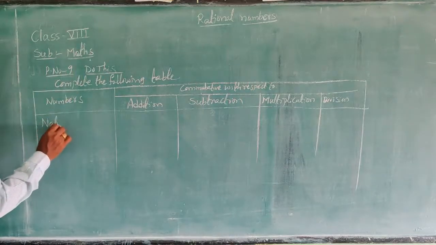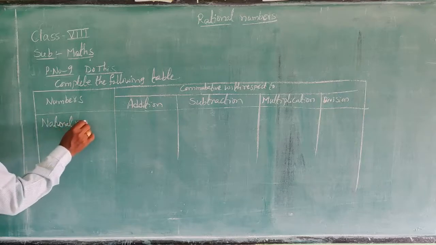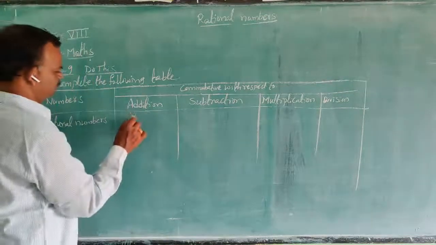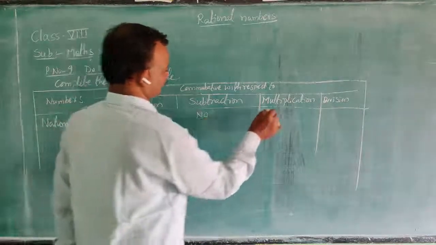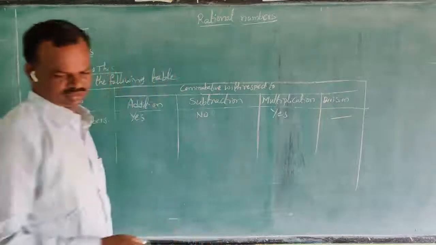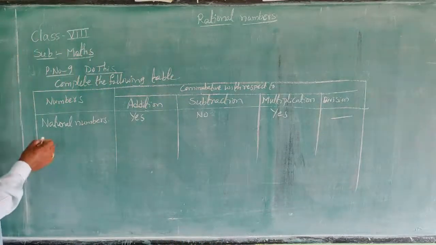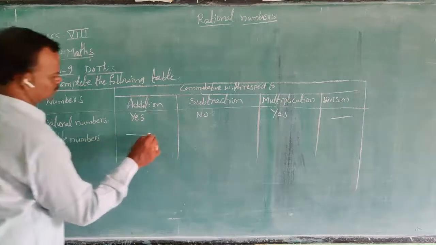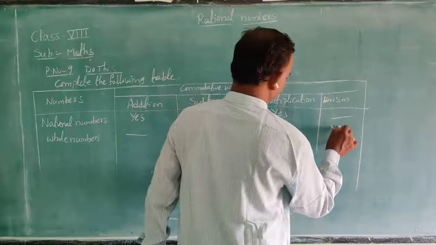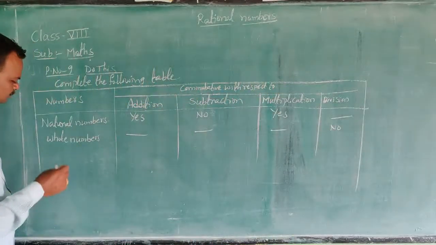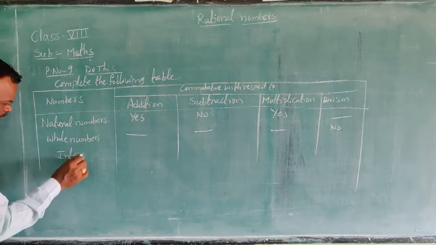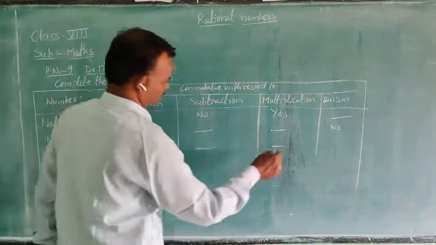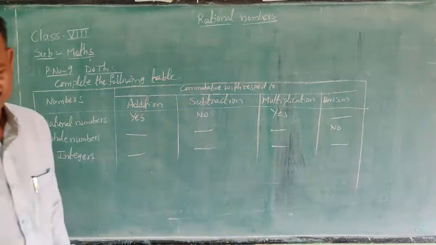Natural number: yes, no, yes, dash. Whole number: dash, no. Dash, dash. And the fourth one is rational number.